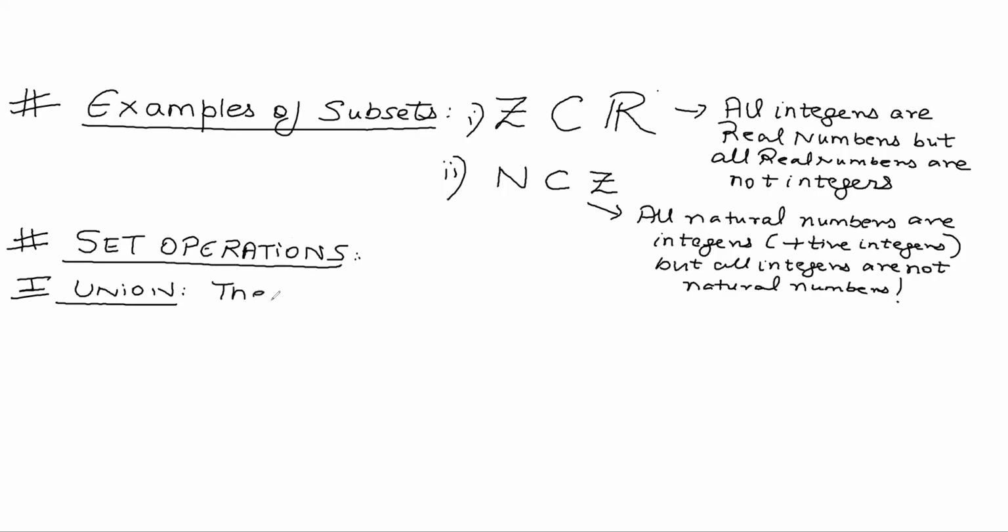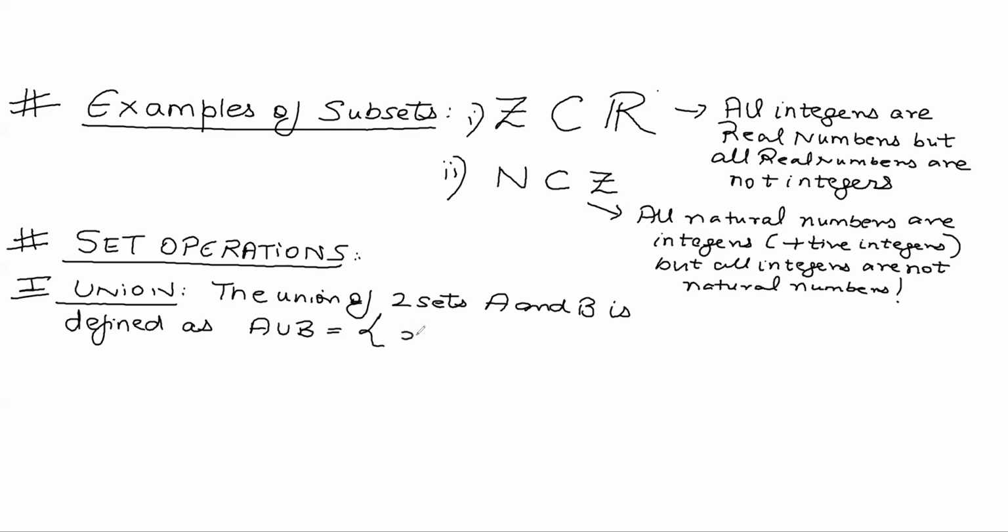So the union of two sets A and B is defined as A union B is the set of all x such that x belongs to A or x belongs to B. Okay, this is the set builder form of writing it. A union B, set of all x, colon means such that, x belongs to A or x belongs to B.